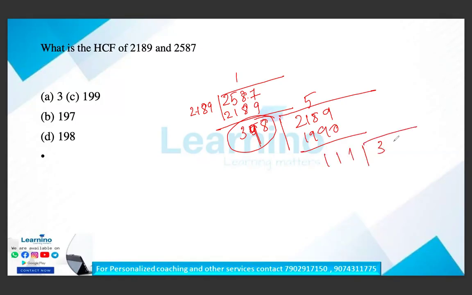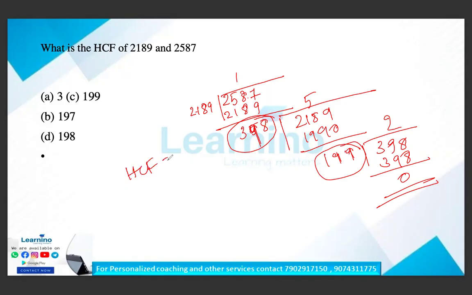Divide this 398 by 199, we will get 2. So the HCF will be the last divisor. HCF is 199.